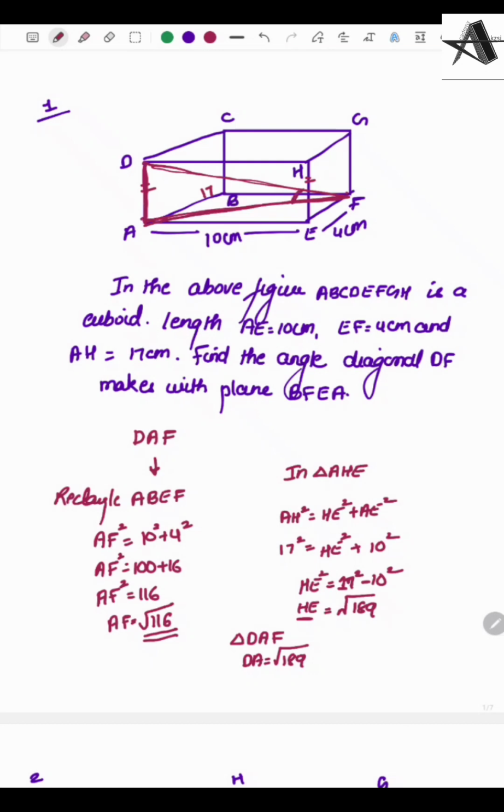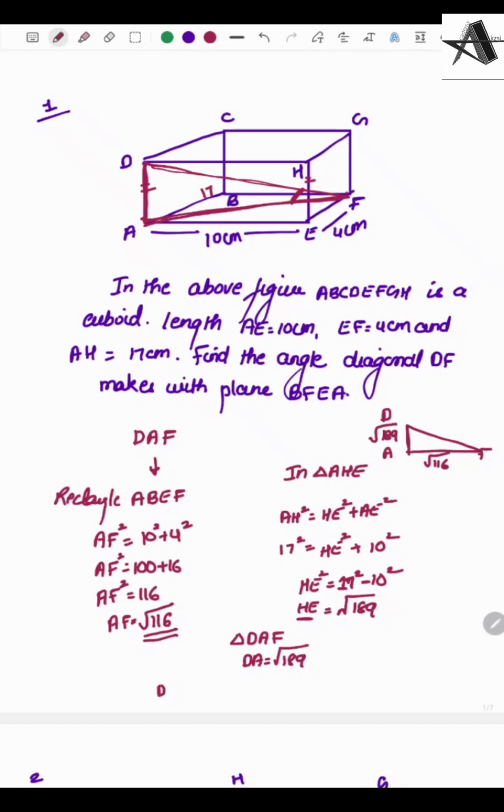If I want to calculate this angle, let me draw it separately for better clarity. This is triangle DAF. We have calculated AF as root 116, DA as root 189. So I can calculate the hypotenuse now. Hypotenuse is what?